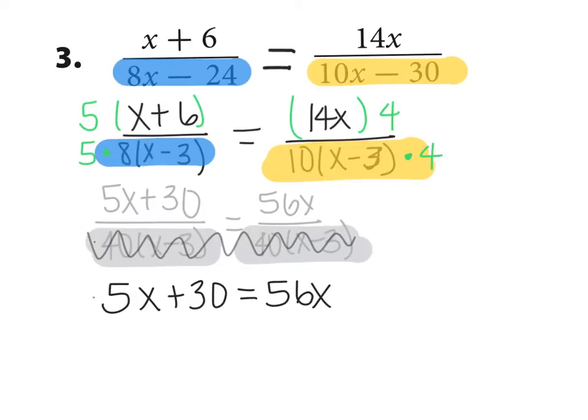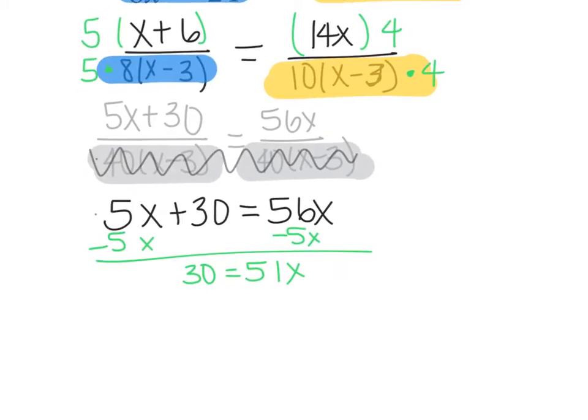Well, now I can solve this problem like I would solve anything else. So I'm going to minus 5x from both sides, and I get that 30 equals 51x. And if I need to get x by itself, then I would divide both sides by 51. And I get that x equals 30 divided by 51.